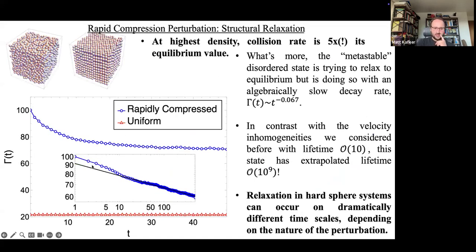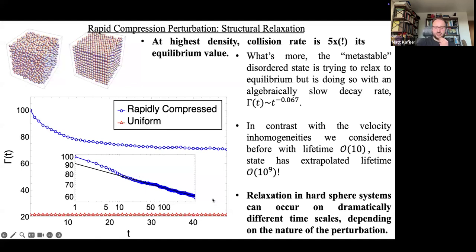So we can visualize this a little bit more concretely by putting the equilibrium collision rate and the rapidly compressed collision rate on the same plot. We get this thing where the rapidly compressed system looks like it's trying to settle down, but in fact, it's at a dramatically higher pressure than the equilibrium system. And in the inset here, what we can do is run the simulation for longer, 10 times as long, and see what happens.